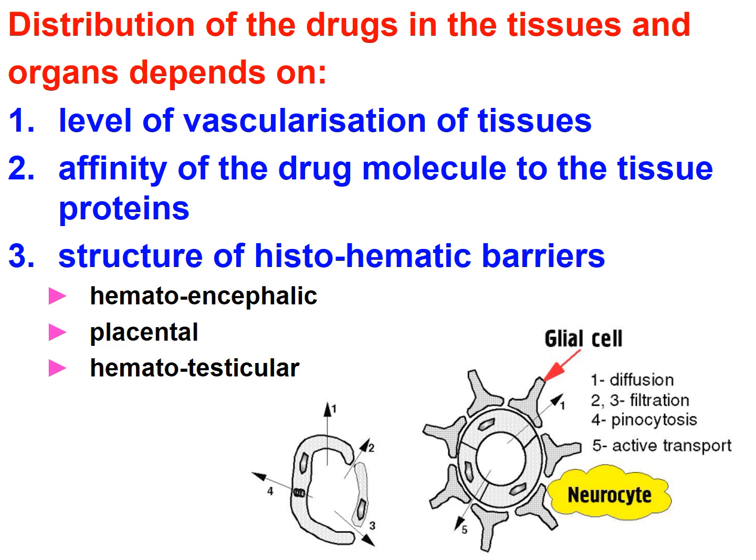Secondly, affinity of the drug molecule to the tissue proteins. Affinity means the ability to bind. If the drug molecules can significantly bind to the proteins which are located in this tissue, they will accumulate in this tissue. And finally, the structure of different histohematic barriers.